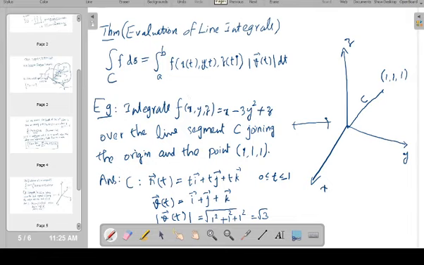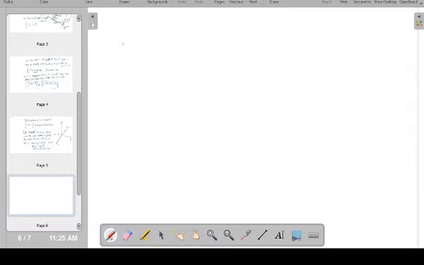X of t, y of t, z of t is f of x of t, y of t, z of t is x of t square. Sorry, what is f?